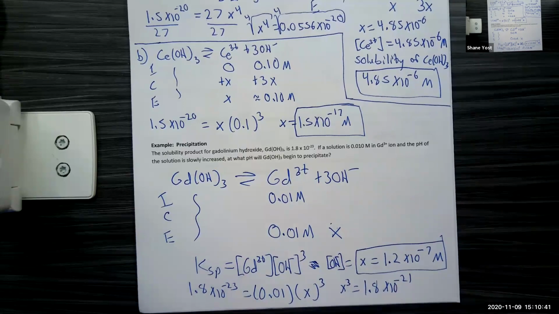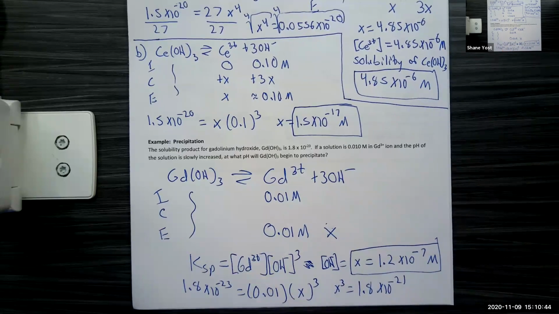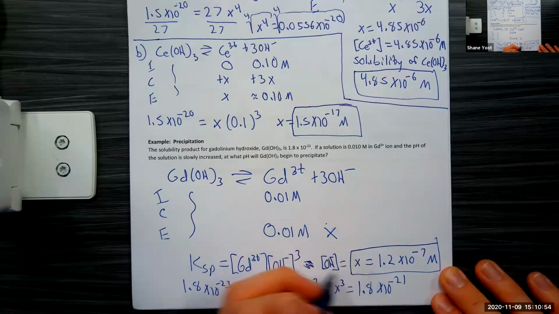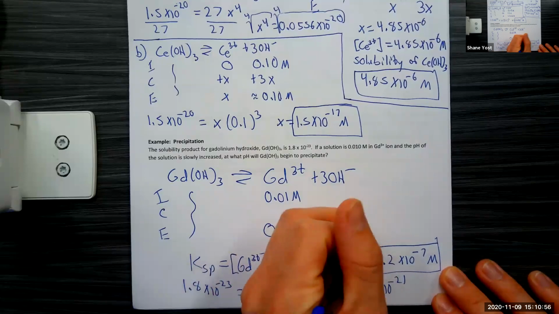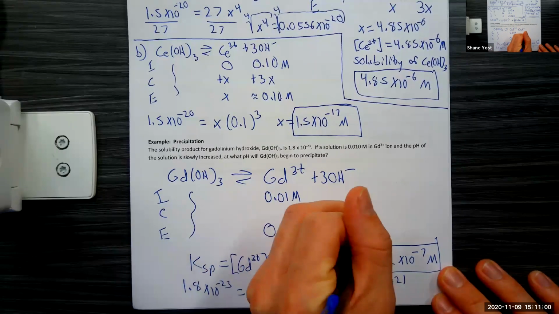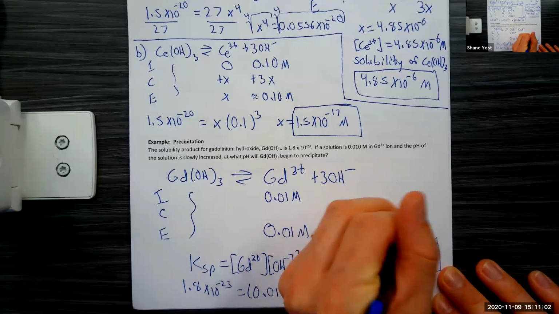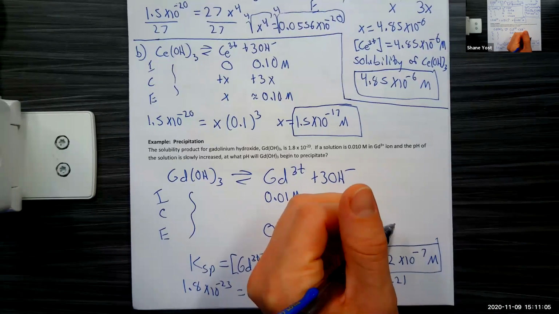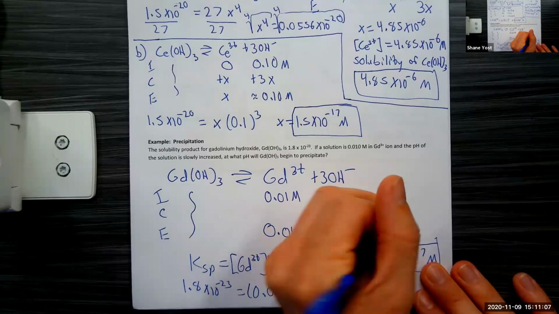But the question here is, at what pH? So we have to calculate the pH. This 1.2 times 10 to the minus 7 equals the OH minus concentration. We take the negative log of that and then subtract from 14 to get the pH. You'll get a pH equals 7.08.